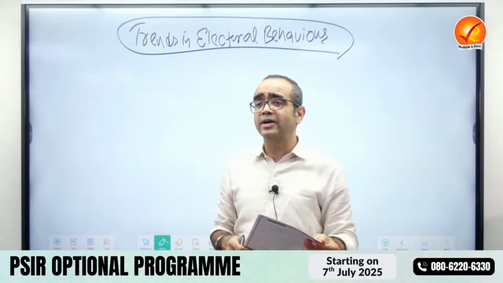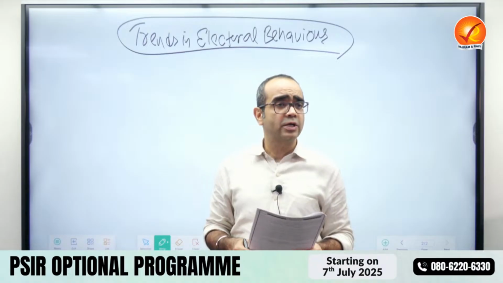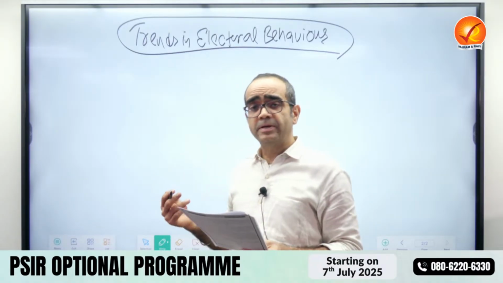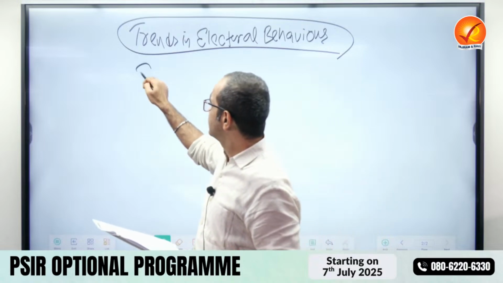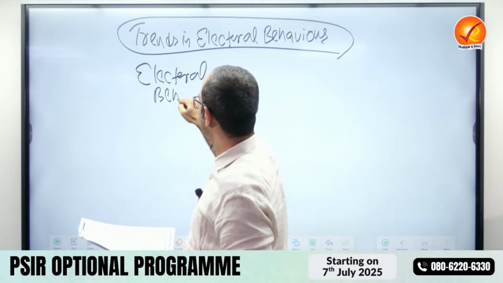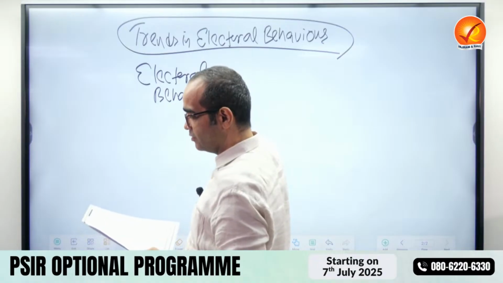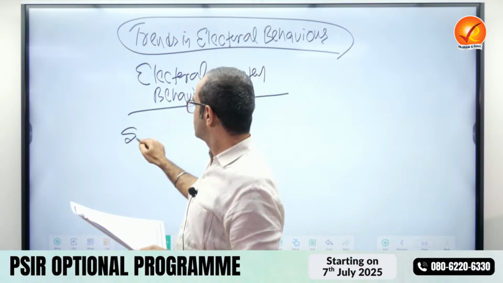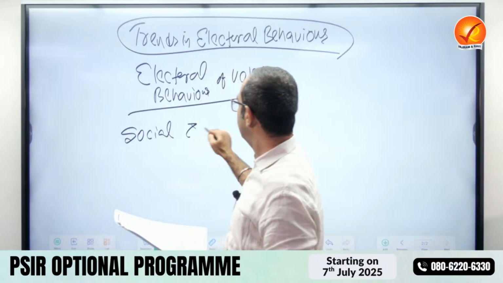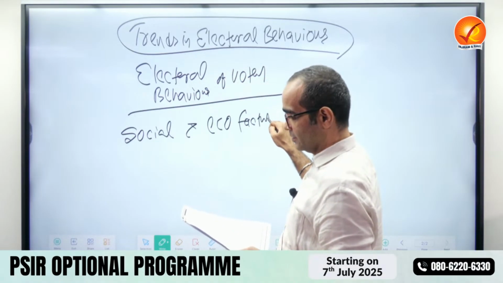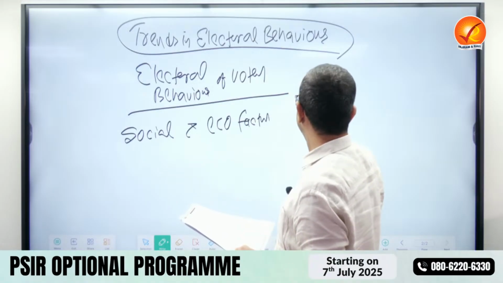I've included a PYQ, Mains 2021. And what does the PYQ say? The electoral behavior of voters is governed more by social and economic factors than the political factors.